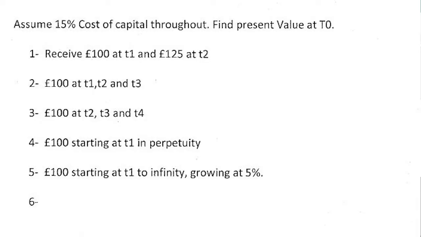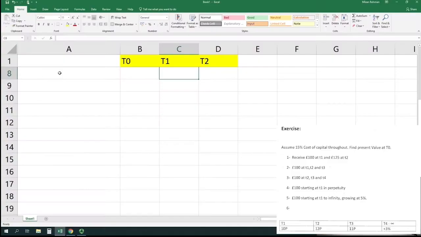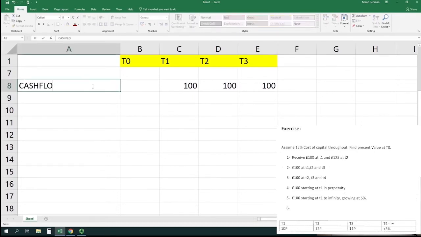All right, now the situation is that we are receiving £100 for the next 3 years: 1, 2, and 3. So 100 at T1, T2, and T3. You can call them cash inflows because they are positive values.